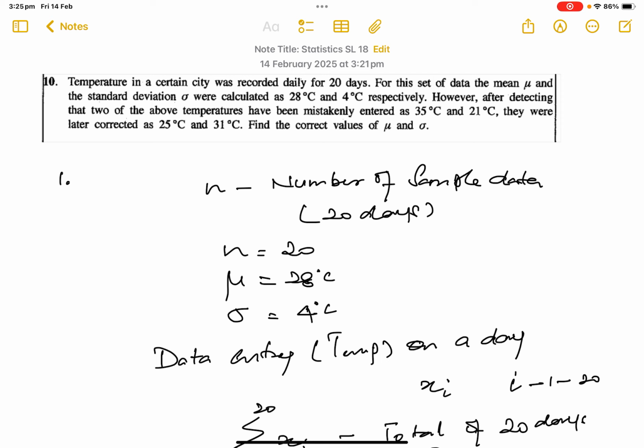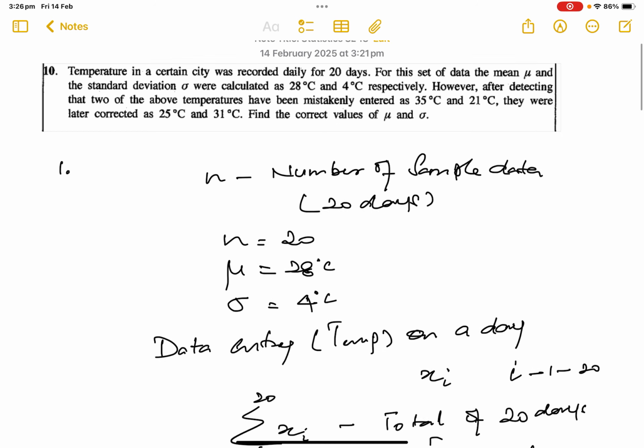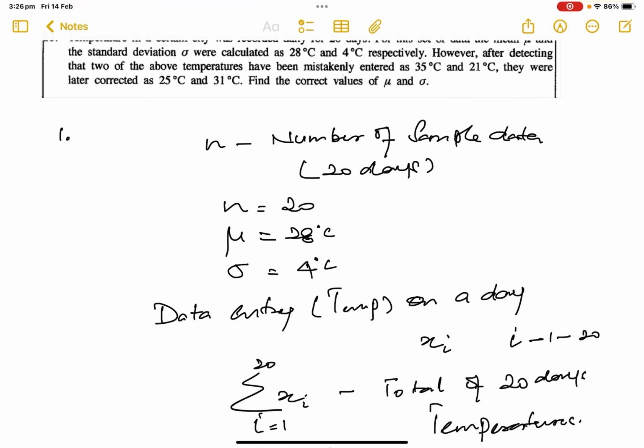Okay, the number of sample data, I just took it as n, it is 20, n equals 20. The mean of those 20 values, every day they recorded temperature, is 28 degrees C, the average or mean.